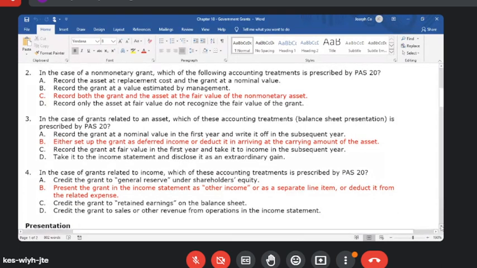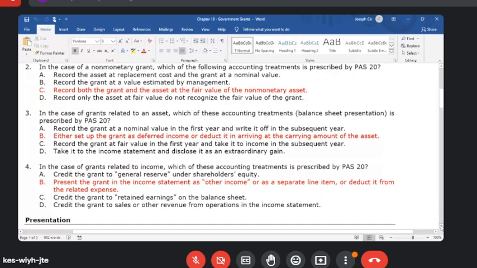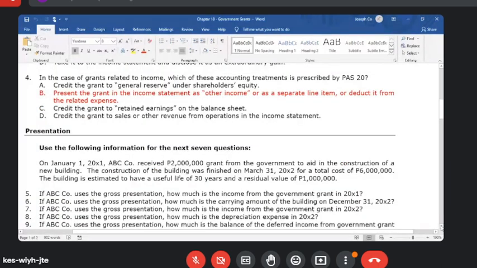Number 4. In the case of grants related to income, which of the following accounting treatments is prescribed under PAS 20? Either credit it as other income or deduct it from expenses. That is the correct presentation.